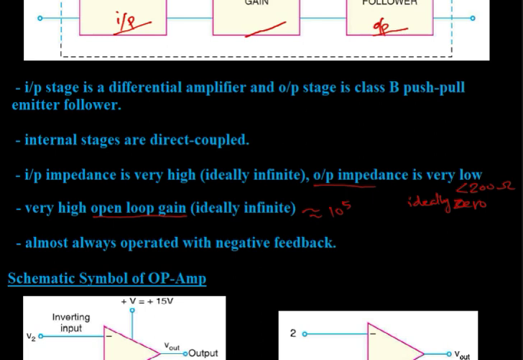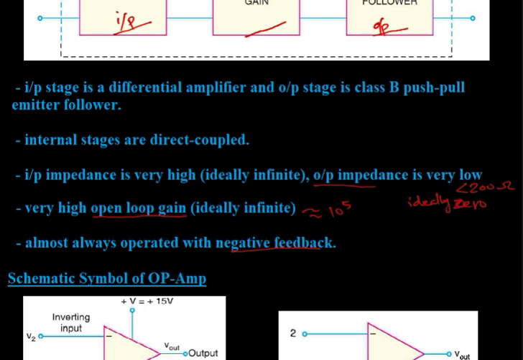Another thing is that this open loop gain of an operational amplifier is very high. In order to achieve greater bandwidth and greater stability, we should use negative feedback. So almost always an operational amplifier is operated with negative feedback because it has a very high open loop gain.